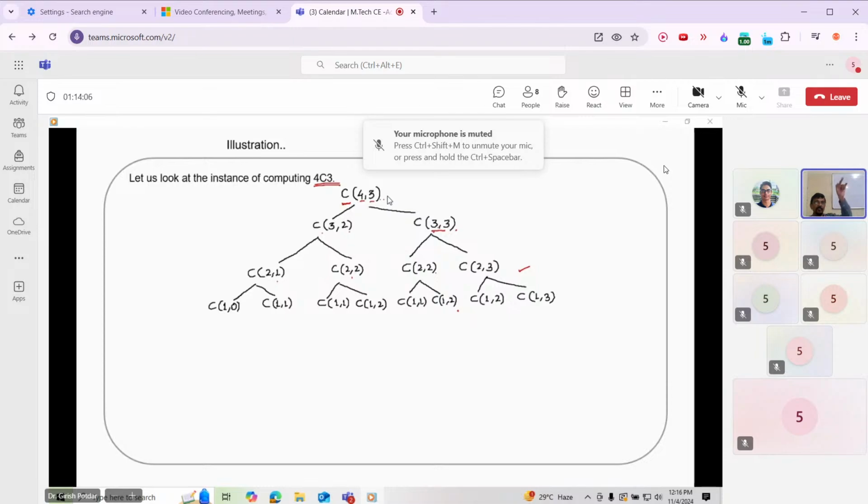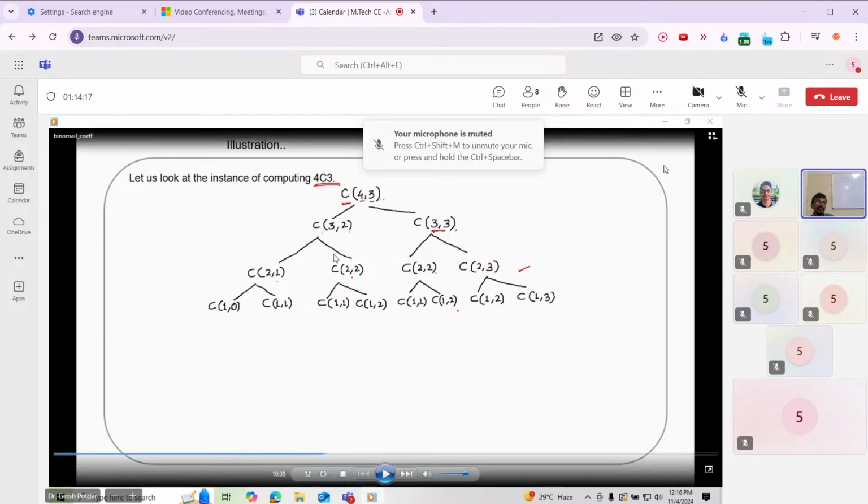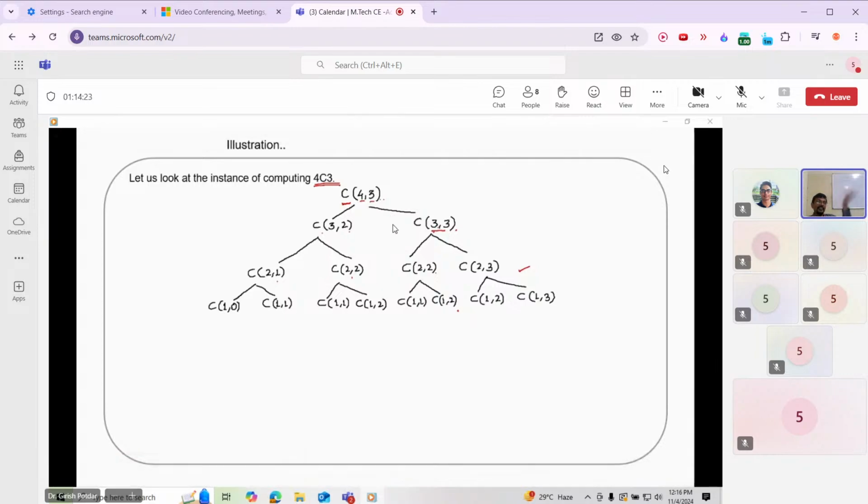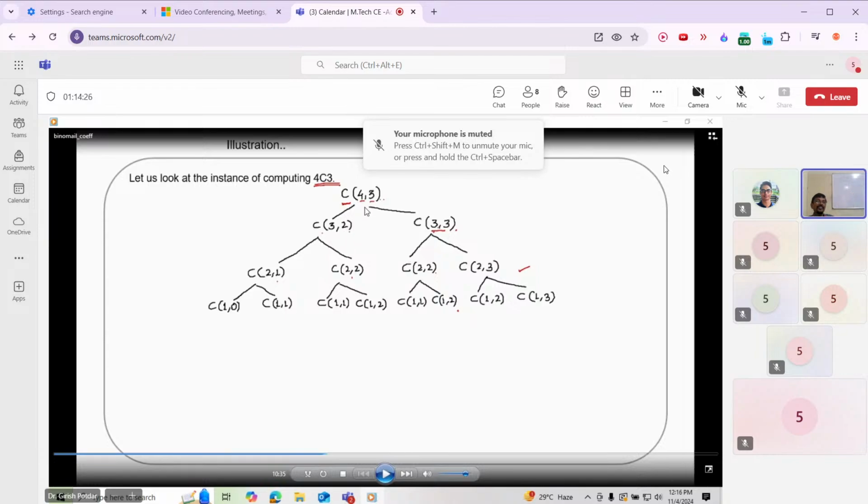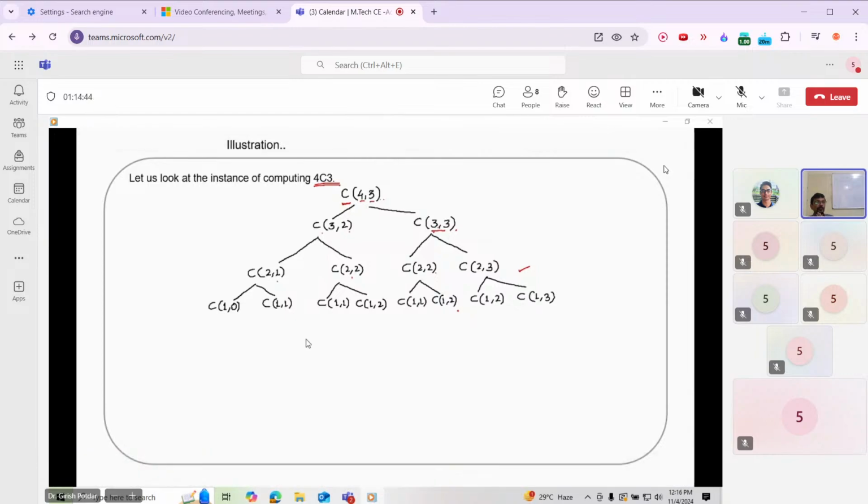See, C of N,K, nCk is equal to what? n factorial upon k factorial into n minus k factorial. So if I have found C(3,2) and C(3,3), I can find the value of C(4,3) because already it is there, only one step ahead. Now on a similar note, N is reduced and K is also reduced on one side. Here N, K same, N is reduced. On the right hand side, N is reduced and K is kept the same.